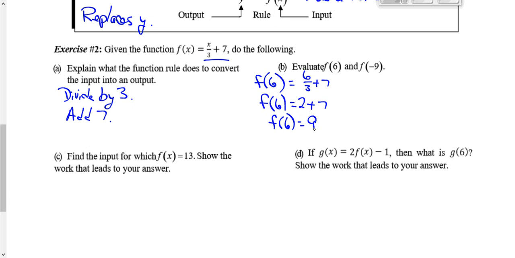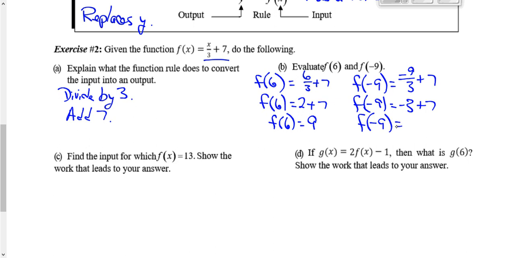Now do f of negative 9. Negative 9 divided by 3 is negative 3, plus 7, and that is 4.